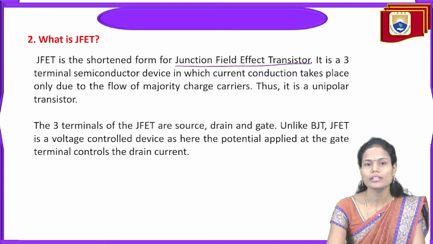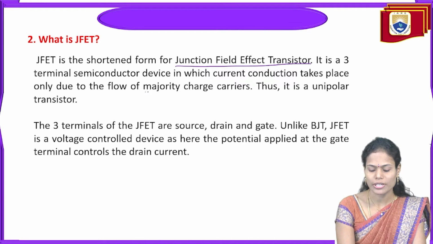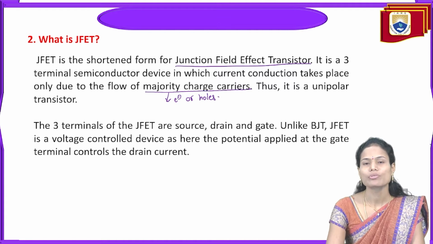So it is also a 3-terminal semiconductor device. And in this JFET also, current conduction is due to the majority charge carriers only, that may be electrons or holes. So that's why it is called a unipolar device or unipolar transistor.